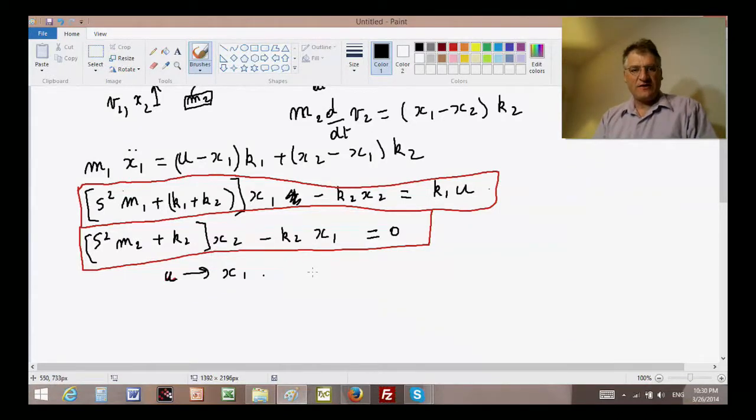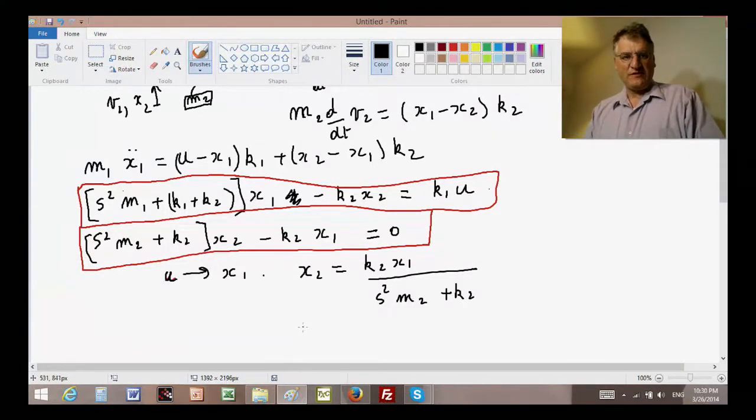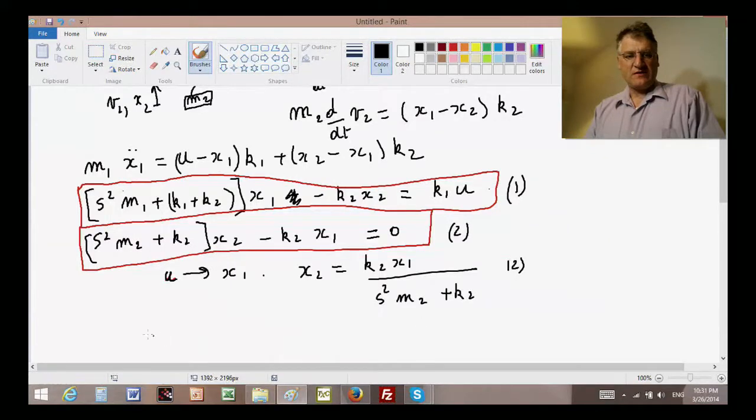We therefore eliminate x2 using the second equation by writing x2 is equal to k2 x1 divided by (s squared m2 plus k2), and we plug it into the first equation.